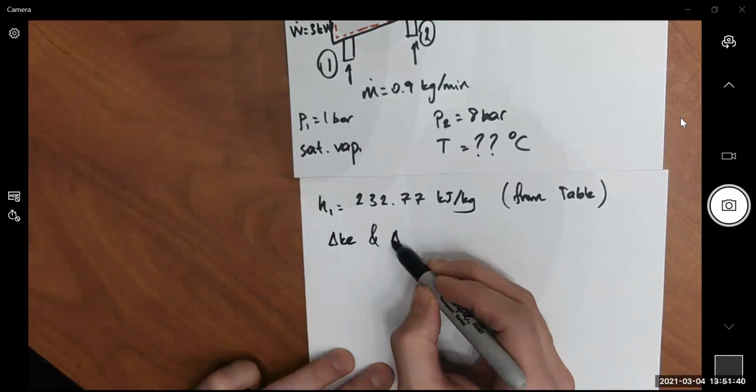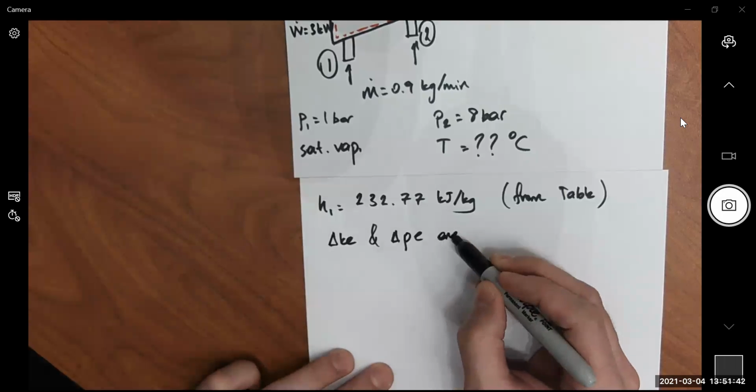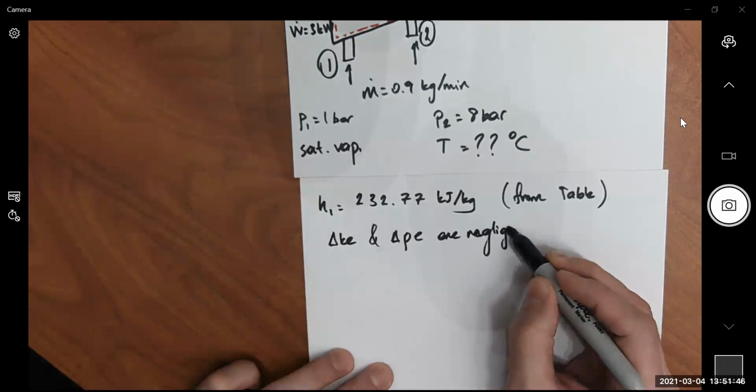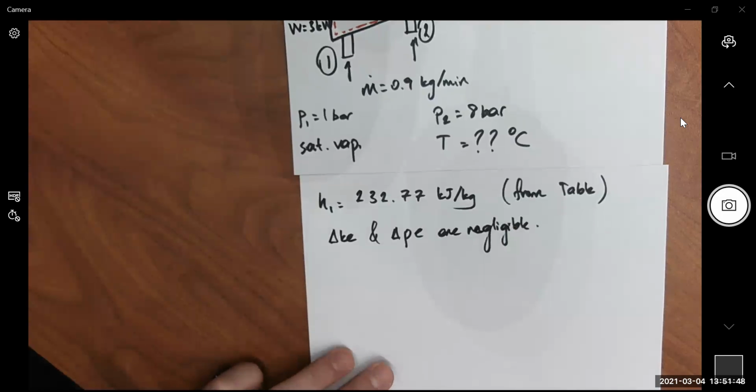Kinetic energy and potential energies are negligible, because they're not mentioned in the problem. So I will assume that's the ideal case where kinetic energy and potential energies are 0, right?